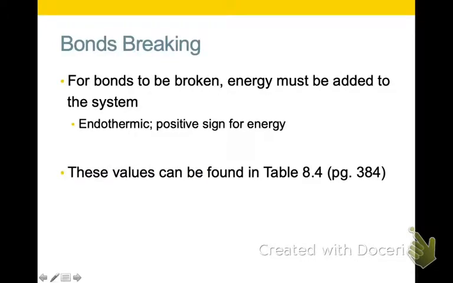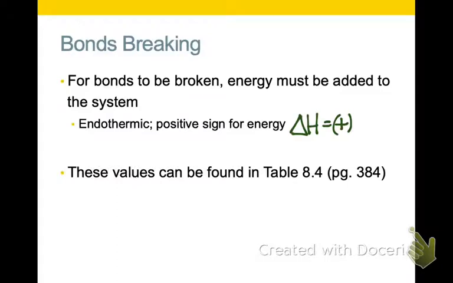So just kind of a review, when bonds are broken, energy is added to the system. So anytime energy is added or absorbed in a system, the result is endothermic, which we've learned before. And so we will have a positive delta H for that. So a positive sign for energy. So what that means is delta H is going to be positive.